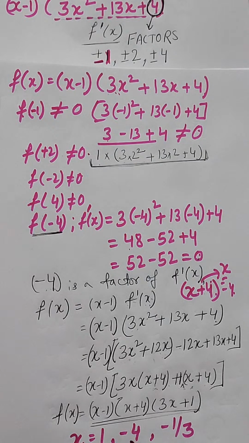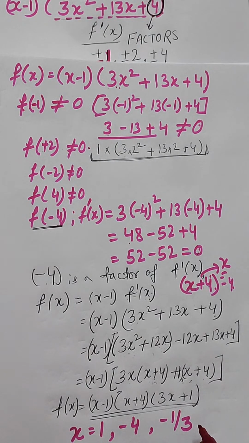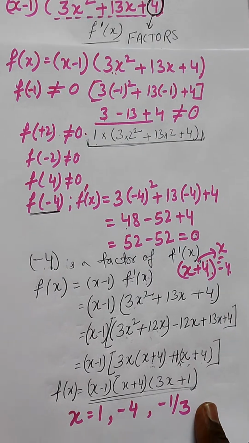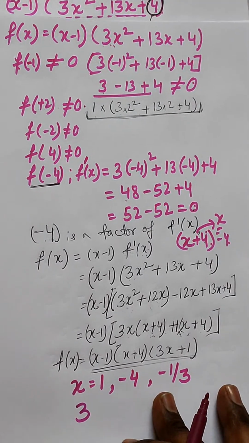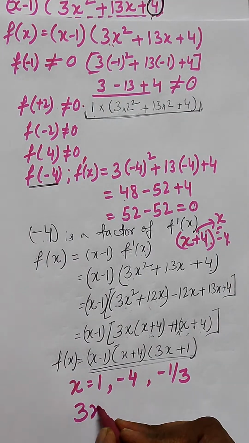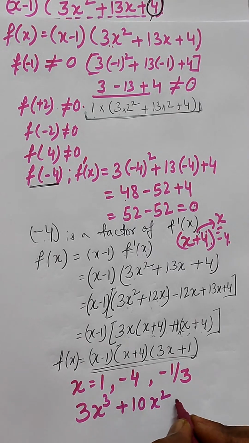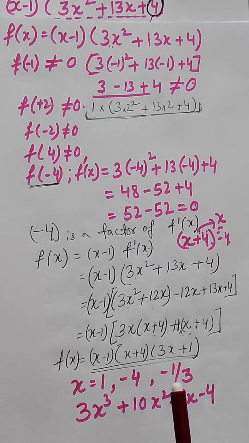So 1, minus 4 and minus 1 by 3 are the zeros of the polynomial. Which polynomial? 3x cube plus 10x square minus 9x minus 4. And this is our answer. So using the remainder theorem, we have solved it.